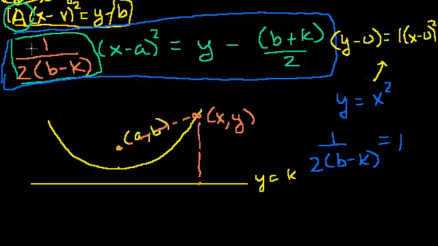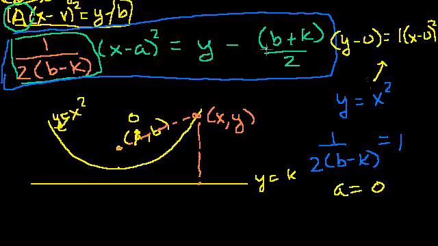So here you see that the 1 over 2b minus k is the coefficient in front of the x minus a squared term. So that's where we got that it has to be equal to 1. If this curve right here is y is equal to x squared, a is 0.